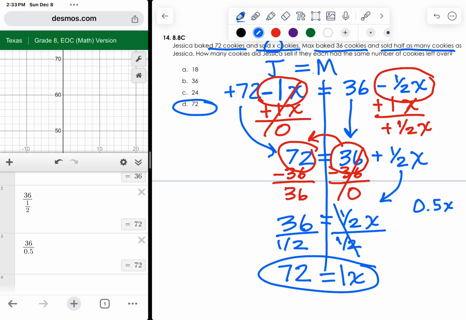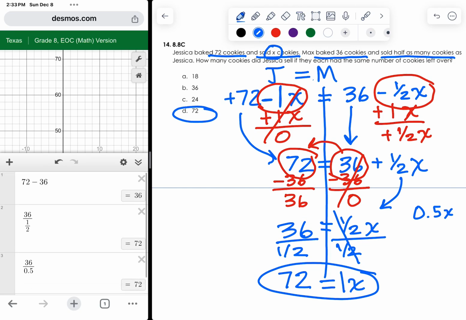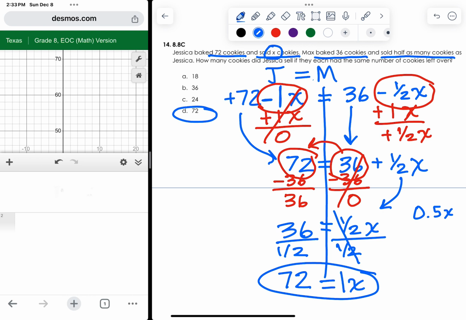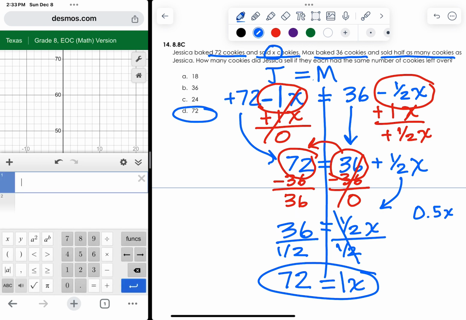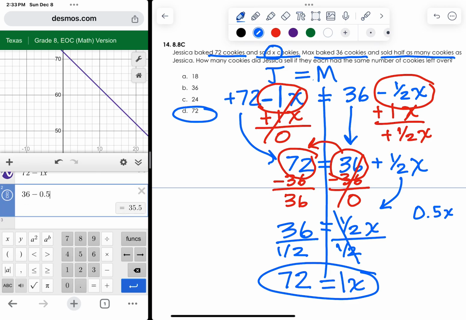Now you can always plug this back in to check your work. And we can also use the calculator here. Desmos does some pretty fancy tricks. We've got 72 minus 1x. And on the next row, we could type our original equation 36 minus 0.5x.